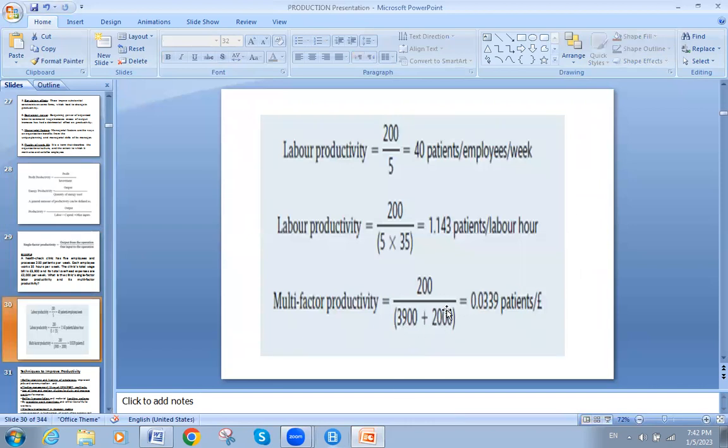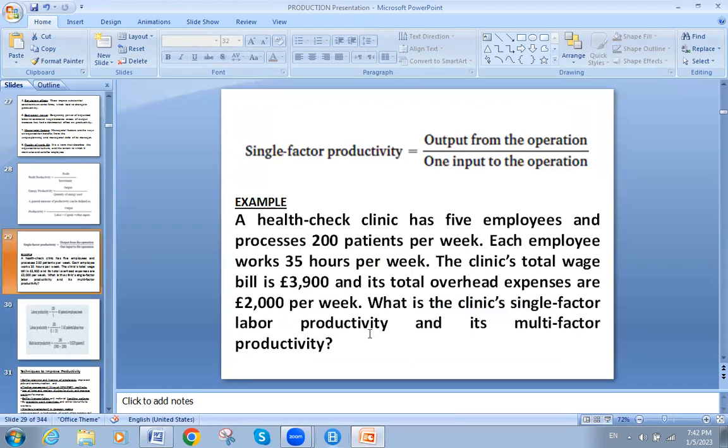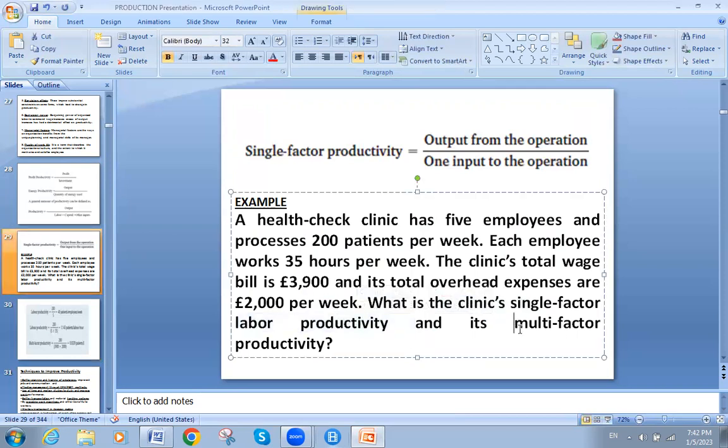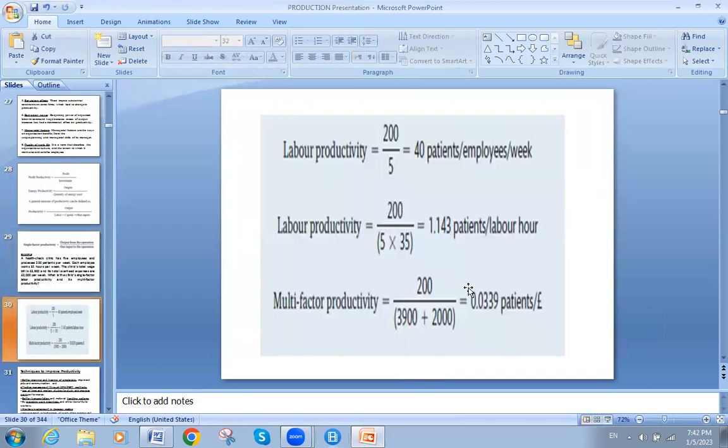Here we want to calculate two types of productivity: the labor productivity and the multi-factor productivity.